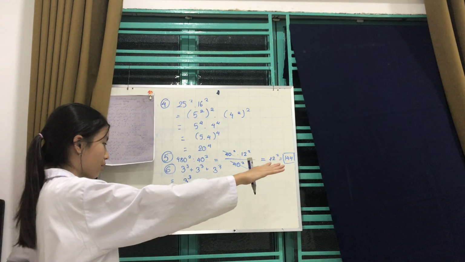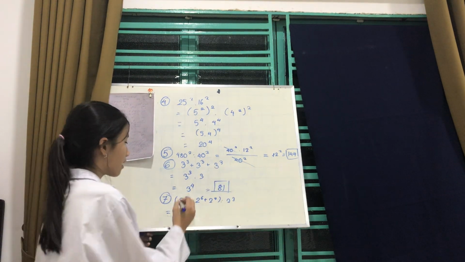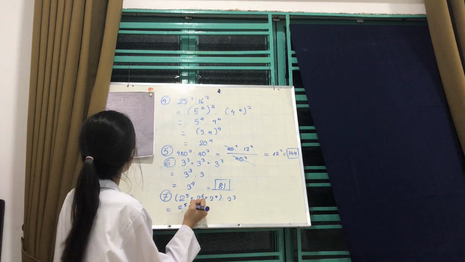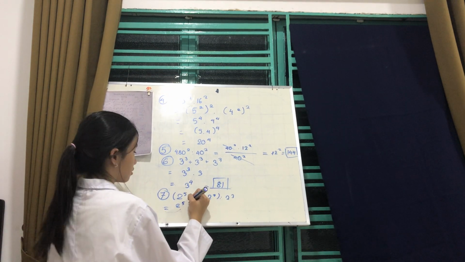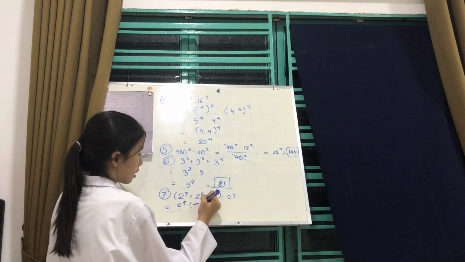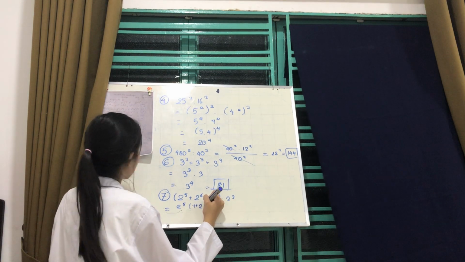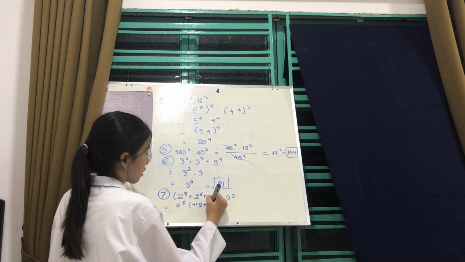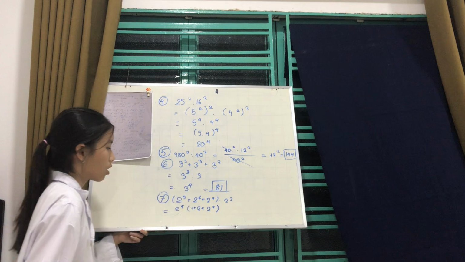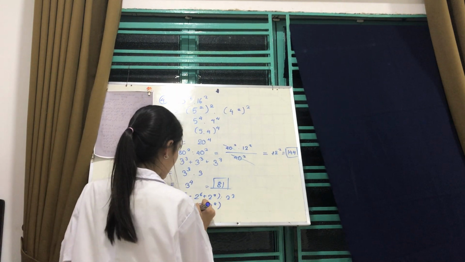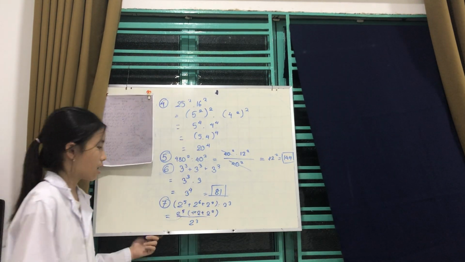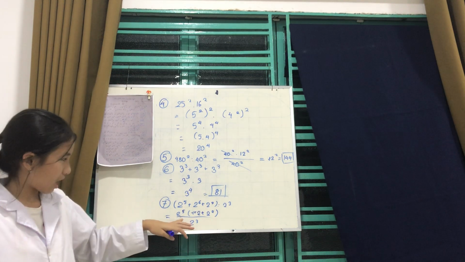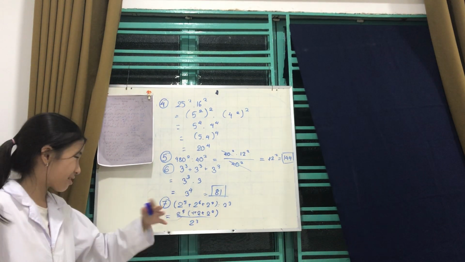Now, just break down all of these. I found that 2 to the power of 5 times 1 plus 2 plus 2 to the power of 2, over 2 to the power of 3, because this is division. Why do I present it like this?